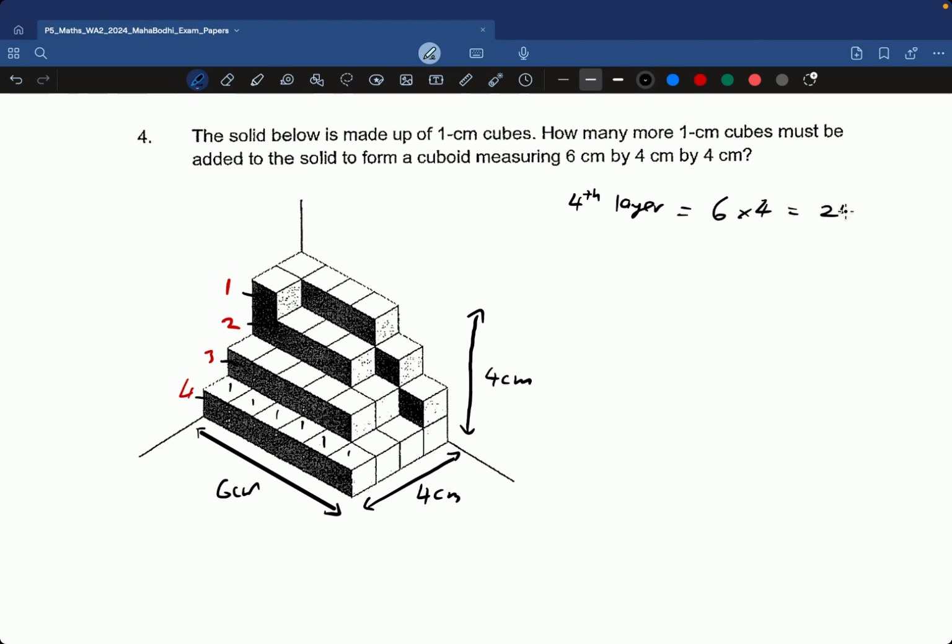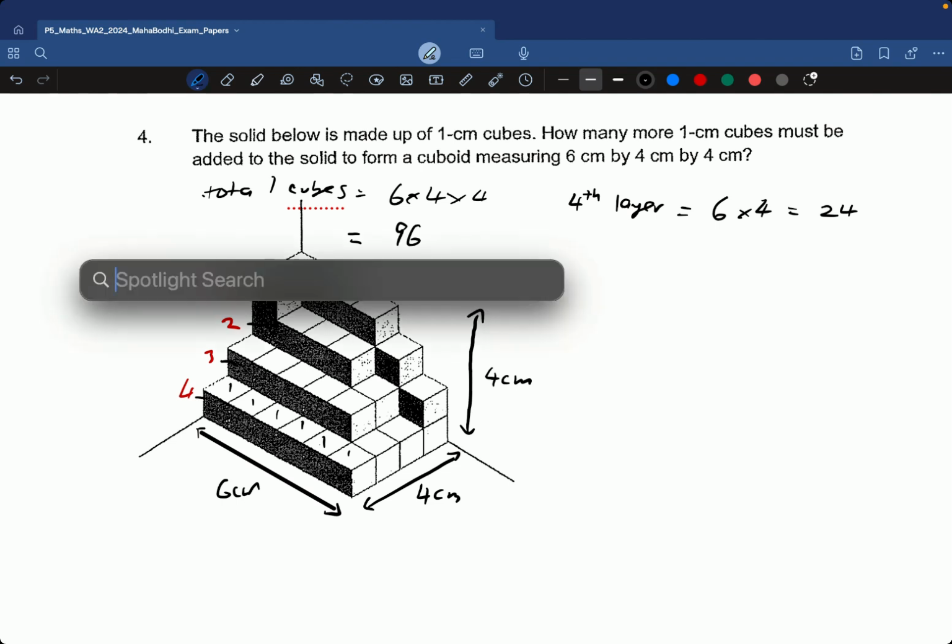This is 24 cubes. In total, the total cubes we want is 6 times 4 times 4. So 24 times 4, 48, 96. So we want 96 cubes. Let me double check. 6 times 4 times 4, 96.